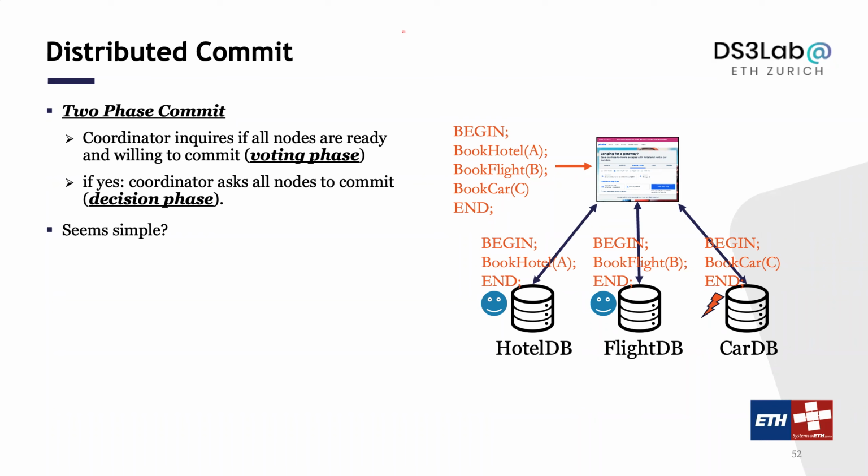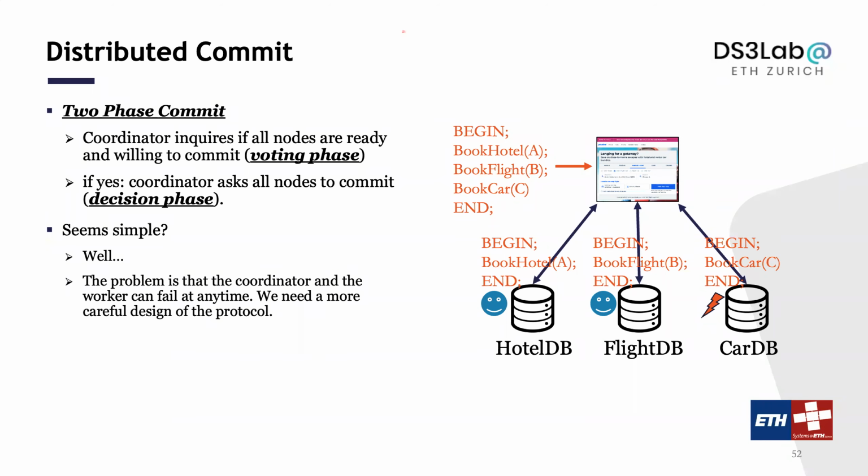That seems very simple, right? But to get it right is actually not that easy. The problem is that the coordinator and the worker can fail at any time. And when one fails, for example, when the hotel database fails, the flight database doesn't know about it, right?